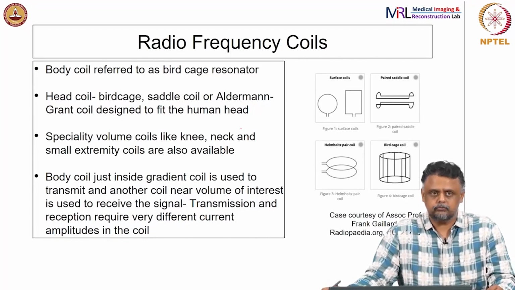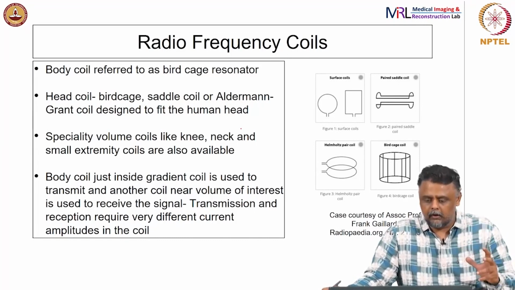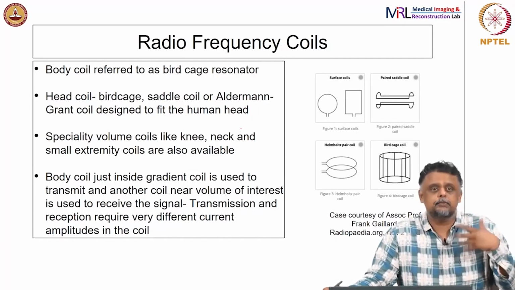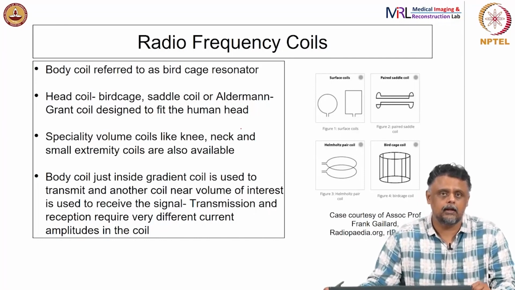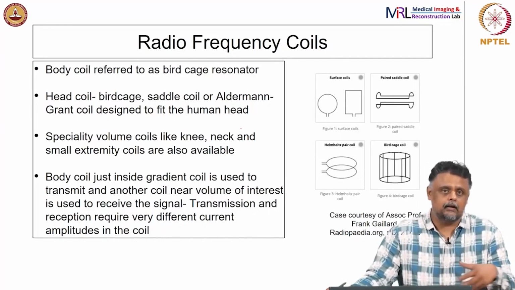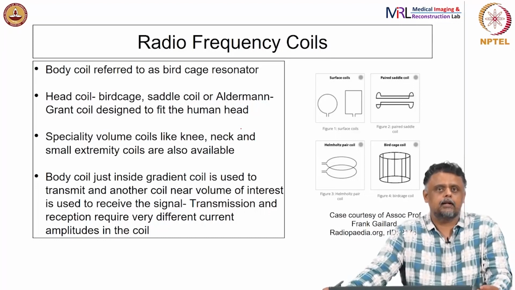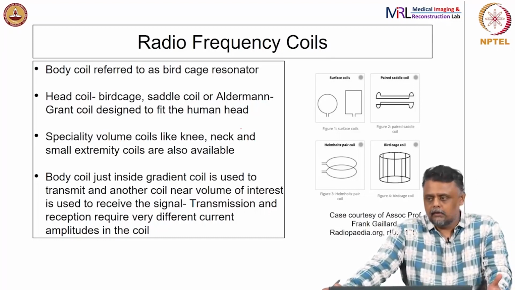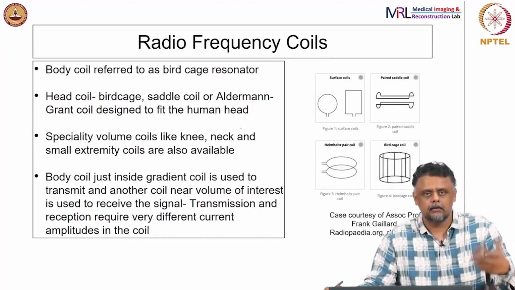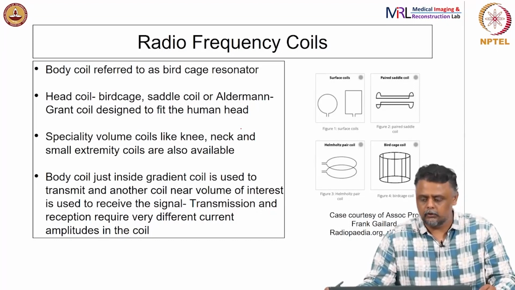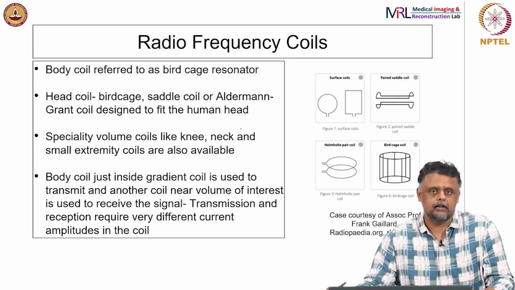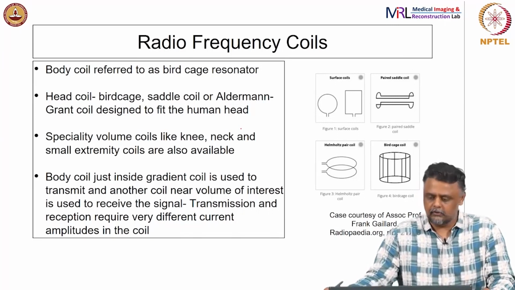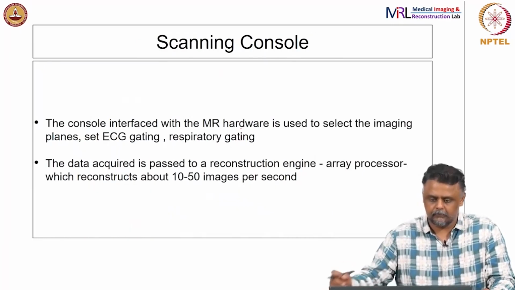And the other thing to keep in mind is that the transmission and reception require very different current amplitudes in the coil, okay, because the emitted current is very small, right. You are talking about the spins in our body causing a current, and those currents are typically much smaller than the B1 field related currents, right. So, you have to worry about that also, okay.